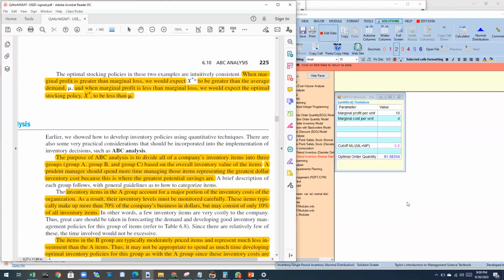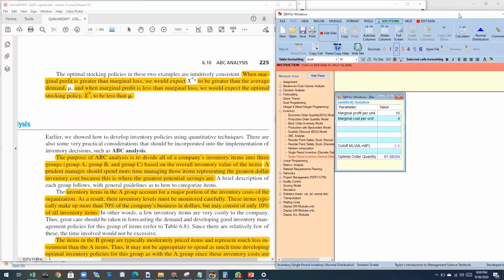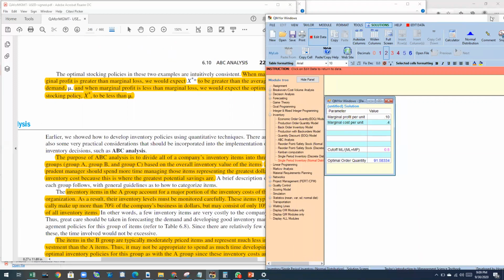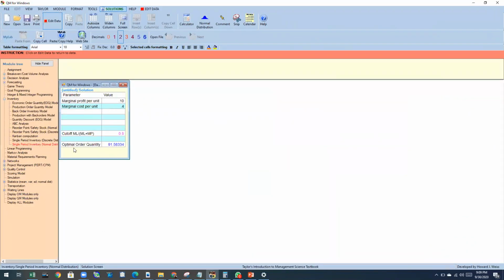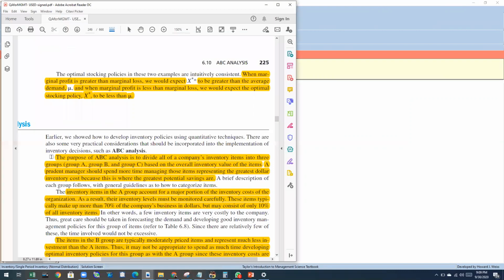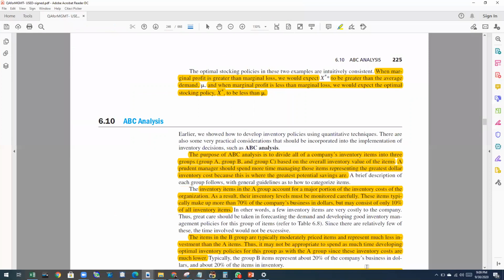So I think I have shown you how to do a single inventory model using discrete probability and also using normal distribution. After that, if you study the textbook, we enter another model which is called ABC analysis.